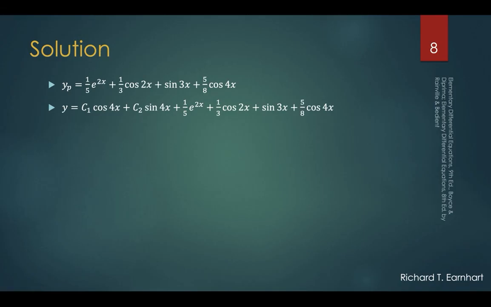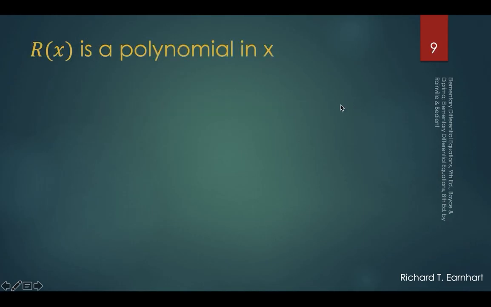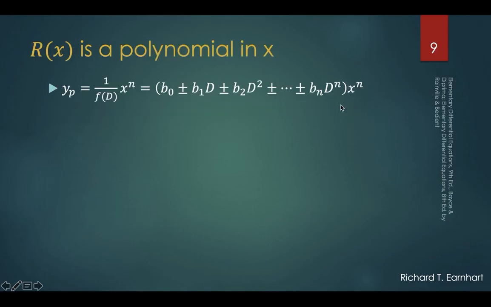Okay, and then you're combining that to y sub c, the complementary solution, you get the general solution. Okay, so what happens when you have x to the n, a polynomial in x? So this will be your inverse operator.